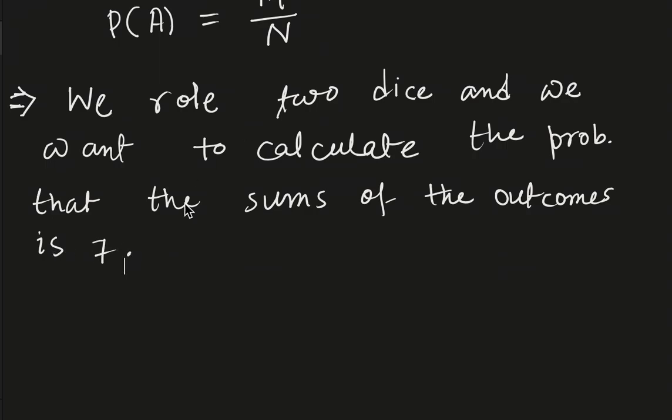Let me check this recording. So there are a number of possible ways by which we can calculate the probability that the sum of the outcomes of the two dice is 7.